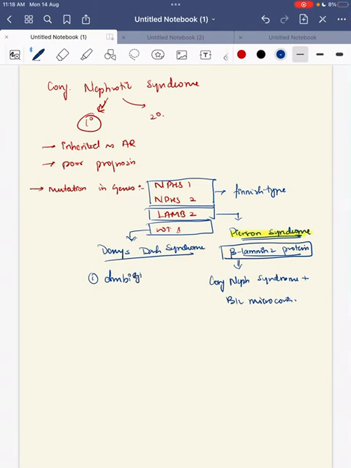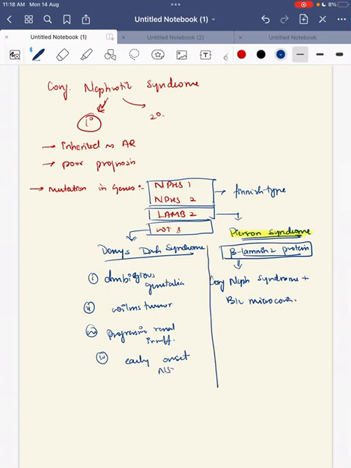The child can present with ambiguous genitalia, second Wilms tumor, third progressive renal insufficiency, and fourth early onset nephrotic syndrome. So these are the features of Denys-Drash syndrome. Okay, these can be the questions from this.